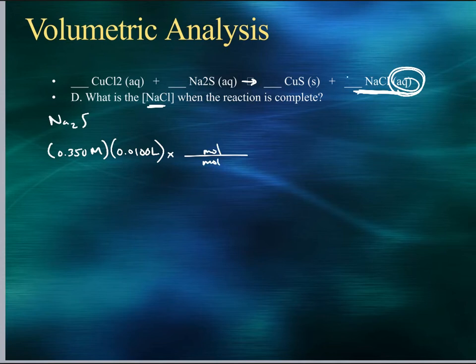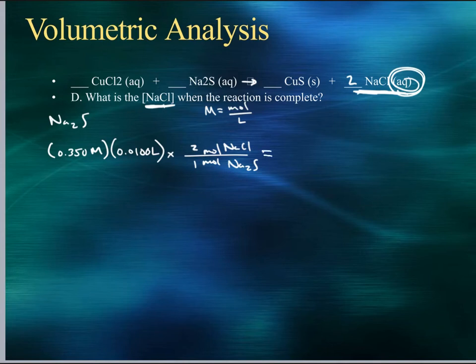This time we're turning it into NaCl, and let's not forget there's a 2 there. We started with Na2S, so that is a 2 to 1 ratio, and I don't need to put it into grams here because all I'm worried about is the concentration of NaCl, and concentration is moles over liters. So if I stop here, I end in moles. I don't need to do this last step, actually.